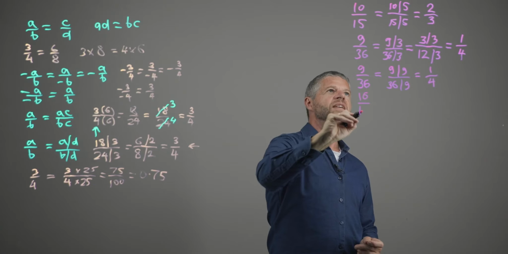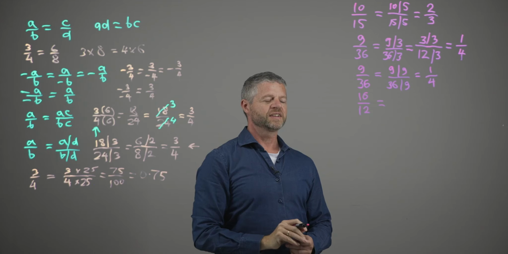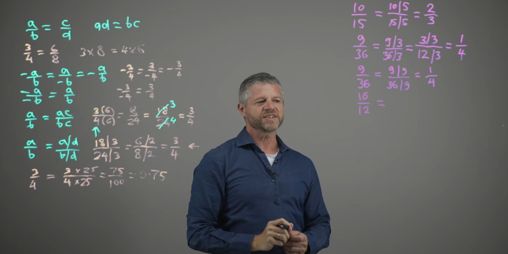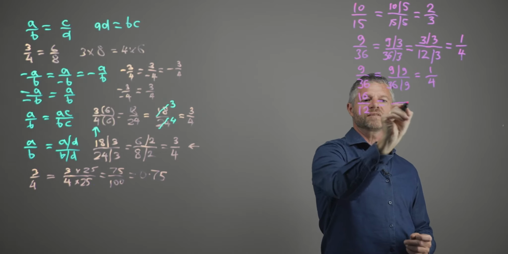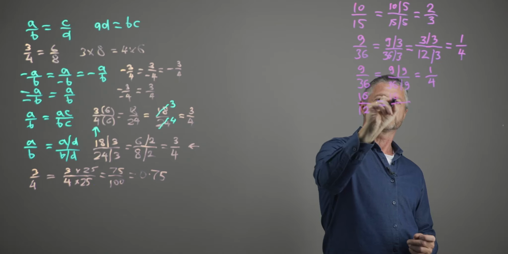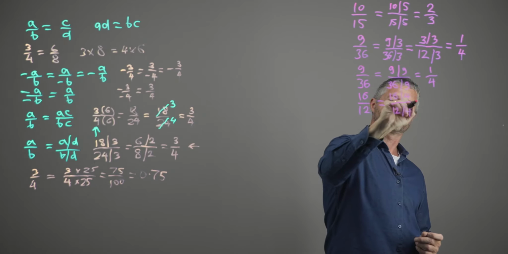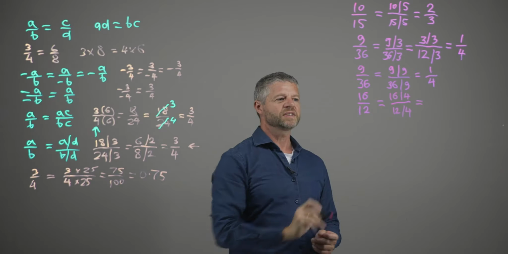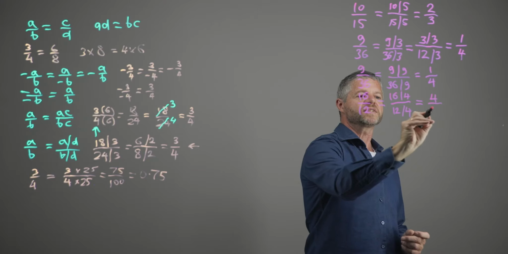And one more example, 16 over 12. Think about the common factors for 16 and for 12. So 4, I think, works in this case. 16 divided by 4, 12 divided by 4. 16 divided by 4 is 4, and 12 divided by 4 is 3.